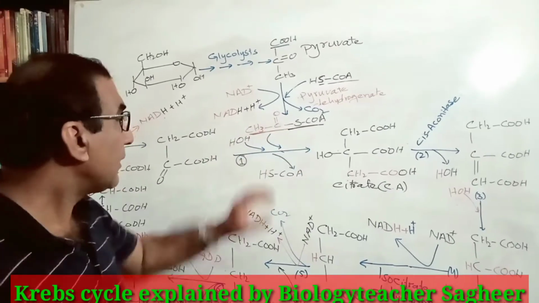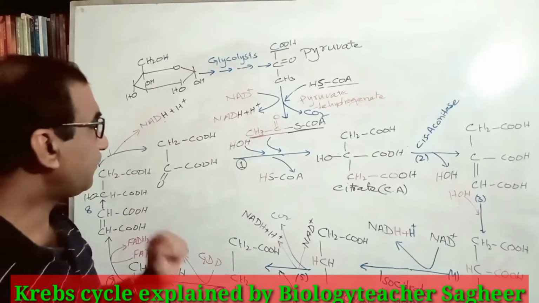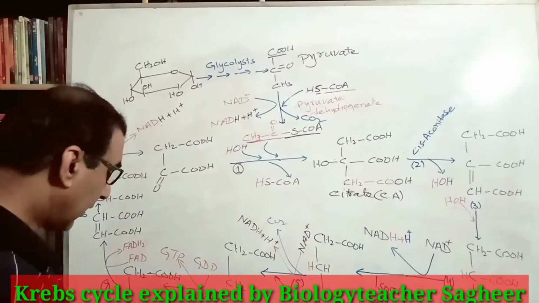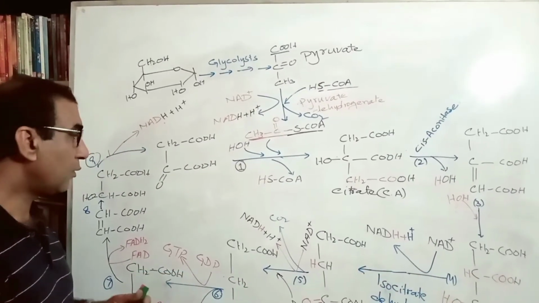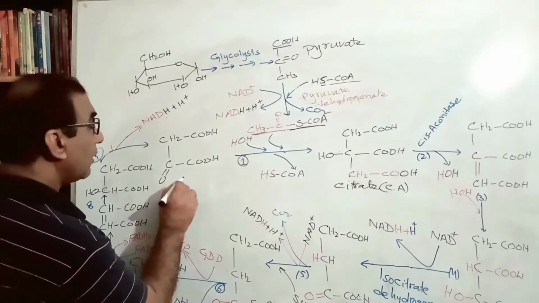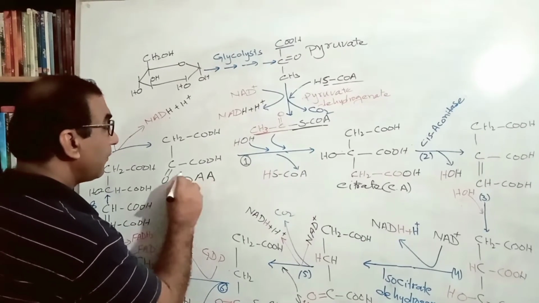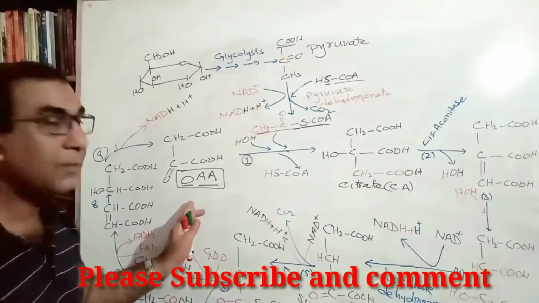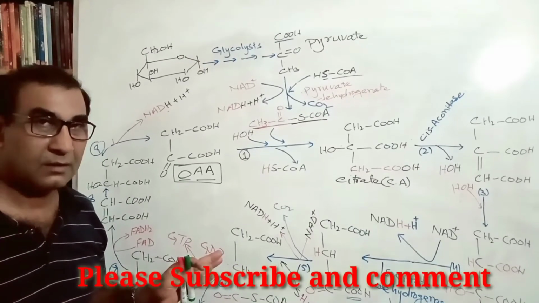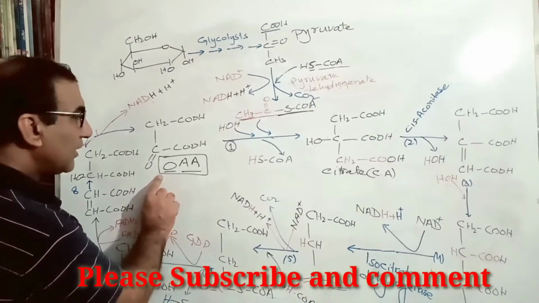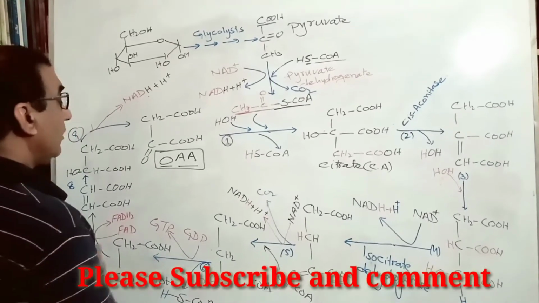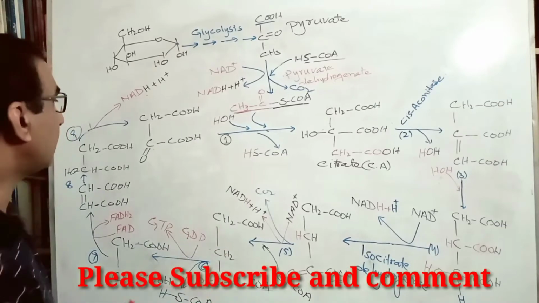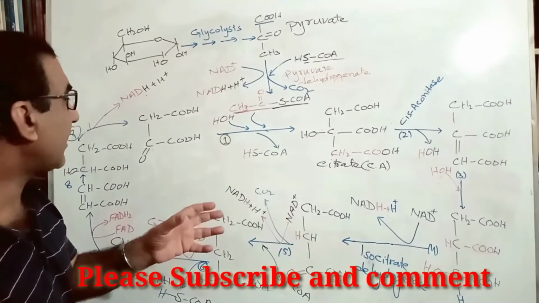This acetyl-CoA is the molecule which reacts with another molecule, oxaloacetic acid. It is already present in the matrix of mitochondria. How would it react? I would like to show you the essence of this reaction.